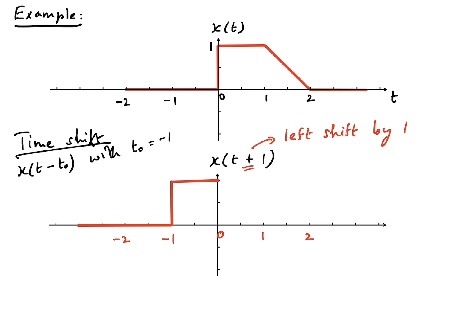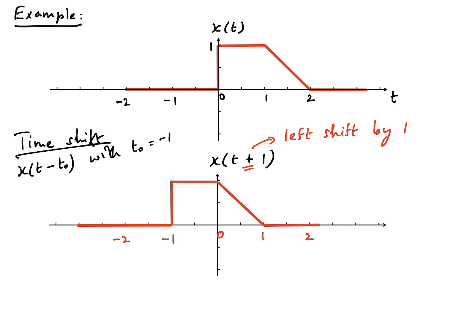and it will remain at that value till here. Whatever was happening at 1, that is this gradual descent which started at 1 and ended at 2, will get shifted to the left by 1. So when it comes to the left here, it will come at 0. At this place it will start, and this 2 will get shifted to the left by 1, so we'll have this from here to 1, and then the constant will continue.